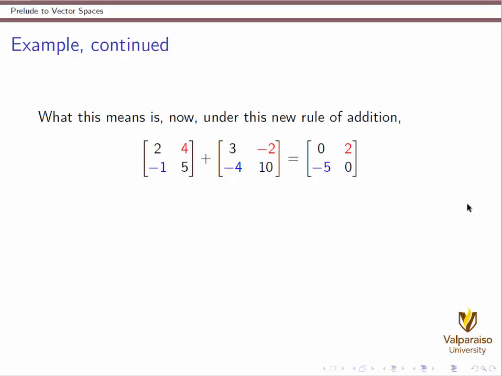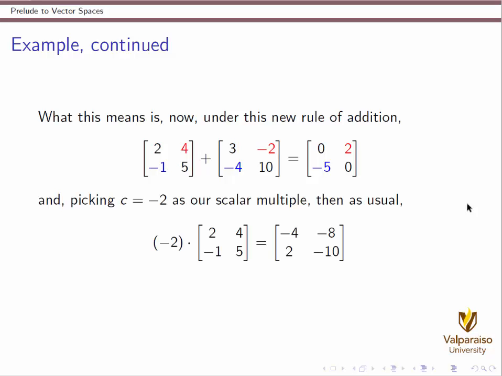So you can follow the red numbers and follow the blue numbers and see why they work out. Scalar multiplication again, same old, same old. So there you go. There's our new system. The big question that we're going to answer in the next slides is, having made this new system, did we create something awesome, or did we just create something silly?